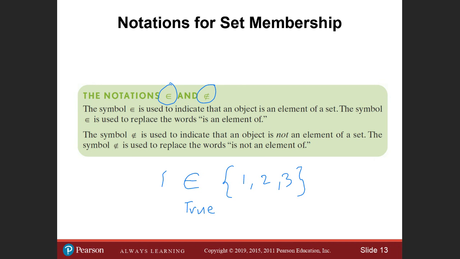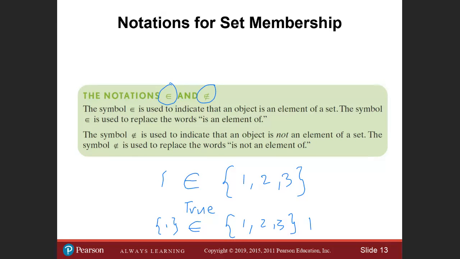If you put the braces around 1, use the same symbol, and then put 1, 2, 3 on the right side, remember that the braces mean a set, not an element.